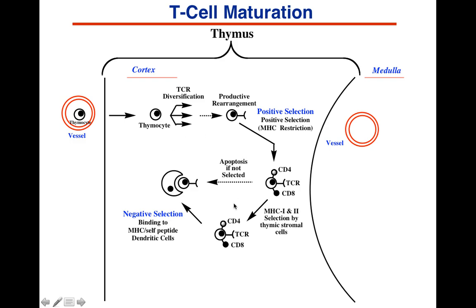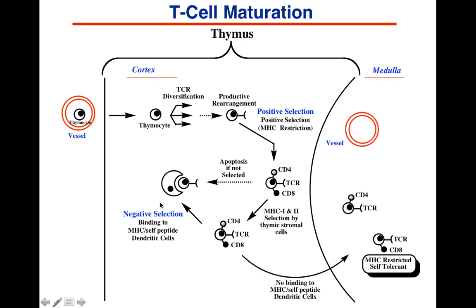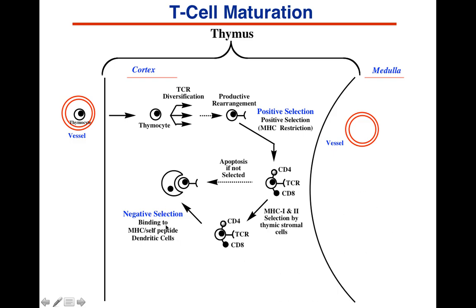Now just to make sure you know, it's the MHC1, MHC2 selection by these thymic stromal or epithelial cells that you see for positive selection, and then for negative selection, it's binding to this MHC self-peptide on dendritic cells.